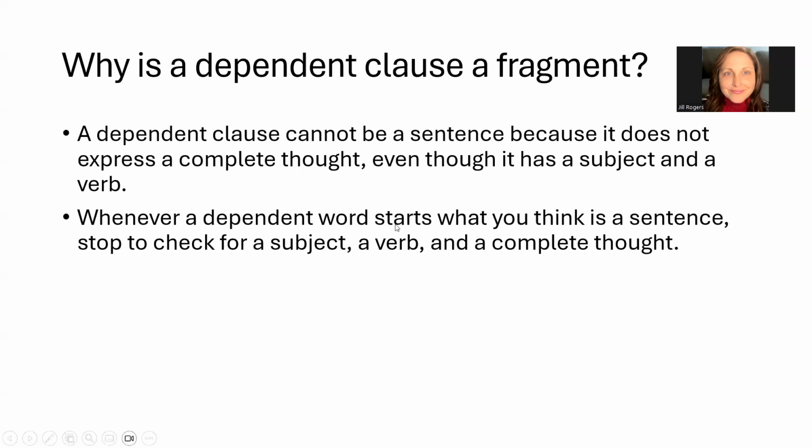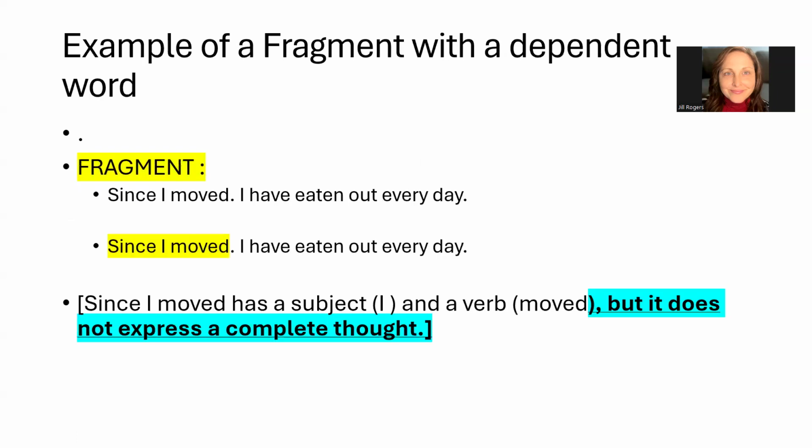So whenever a dependent word starts what you think is a sentence, stop to check for subject, verb, and of course, that complete thought. And if you read your sentences sentence by sentence, you tend to recognize more easily that it's missing something.